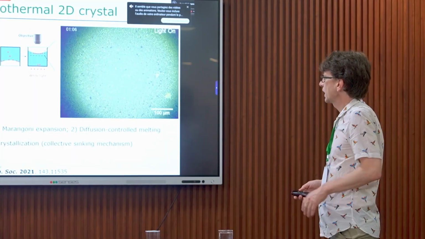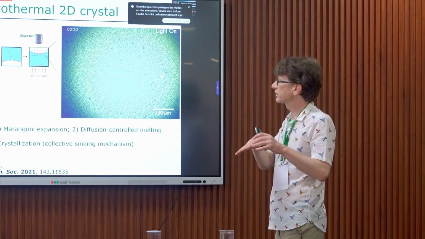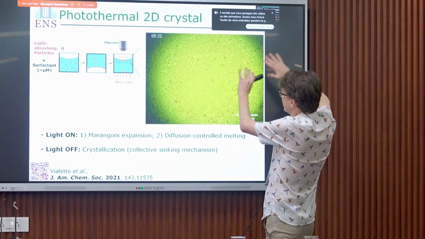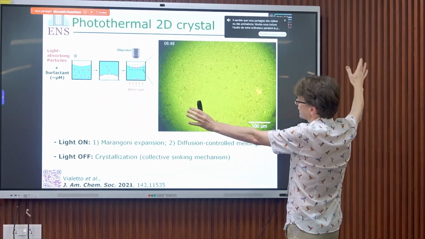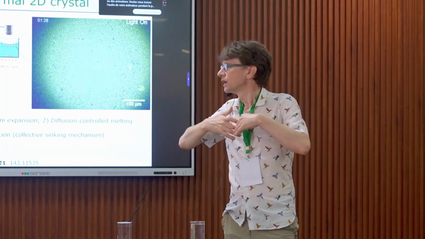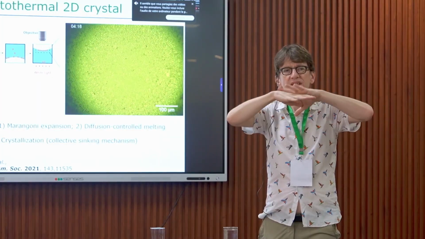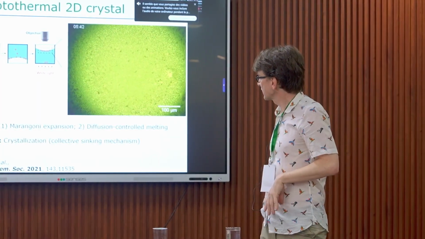So you see, my system here starts from a crystal. When I put light, my crystal expands, and when I remove light, my particles go back to the crystalline state. At the beginning, we thought, okay, it's just melting the crystal. We just increase the temperature of the crystal, so my particles have more Brownian motion. But in fact, this is due to Marangoni flow again.